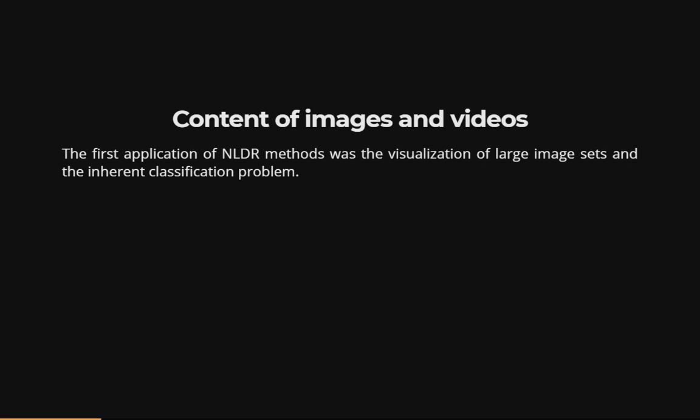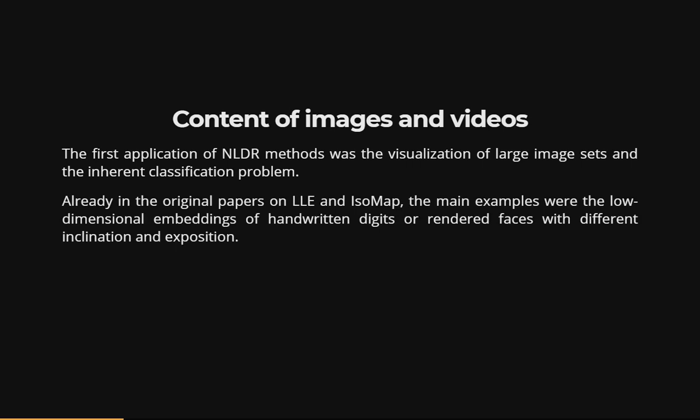In the papers that introduced ISOMAP and LLE, the examples were the low-dimensional embeddings of handwritten digits, or another example was rendered faces, so synthetic faces, with different angles and inclinations, and they were classified in terms of rotation and inclination.